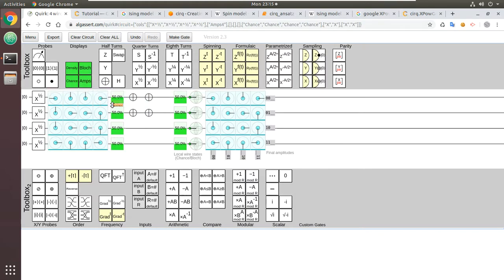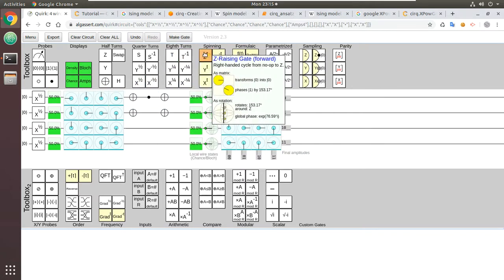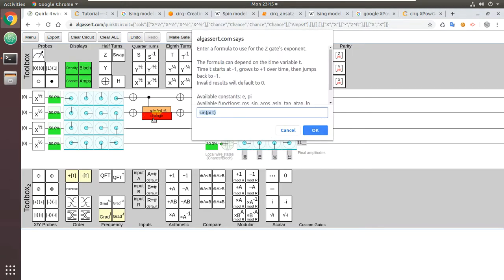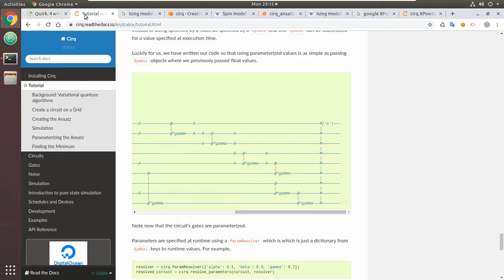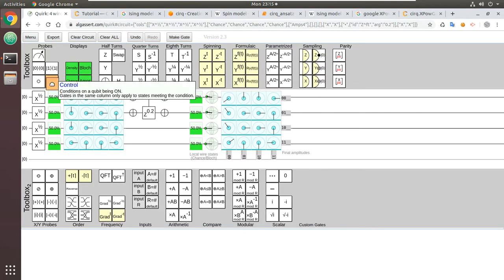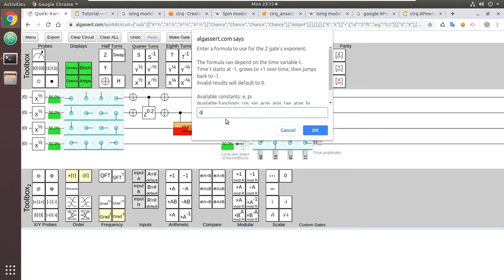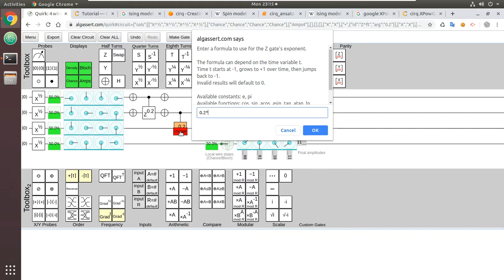I genuinely don't get it. These, and then just like these, and this is maybe 0.2. I don't know. And then this is a control. It's just all 0.2 times t, sorry.